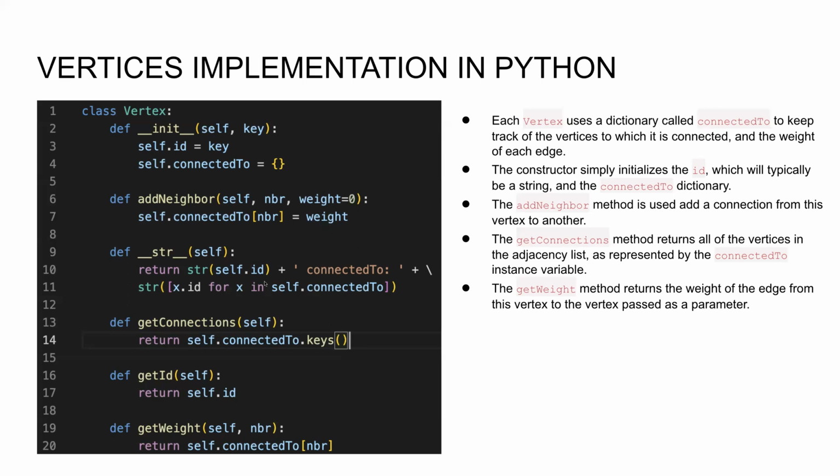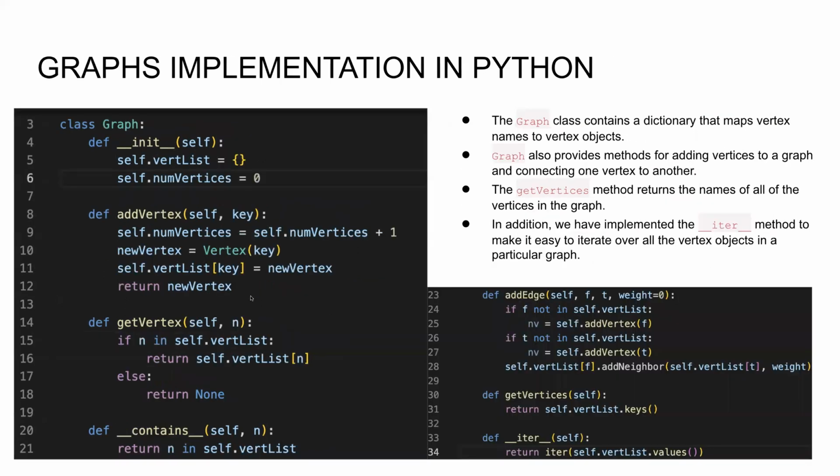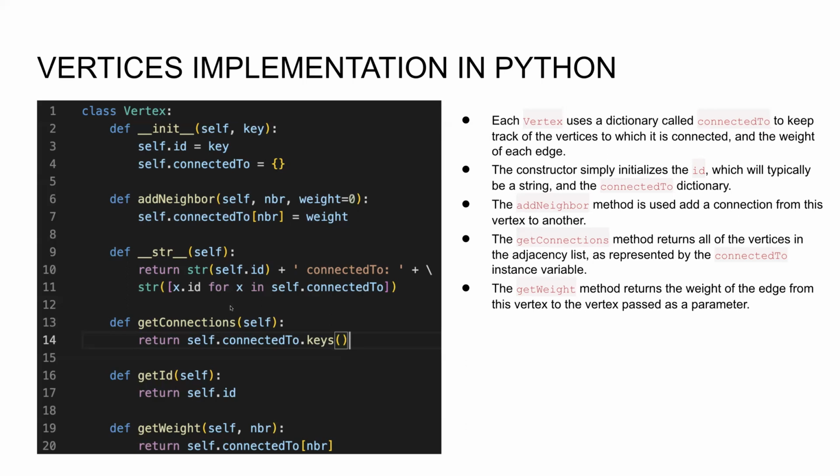And if you want to get connections, you can just list all the keys that are connected, which represent the adjacent nodes. Of course, there are getter functions for its own ID and weight, if it's anything other than 1. Weight is the value of the dictionary. So that's how a vertex is implemented in Python.